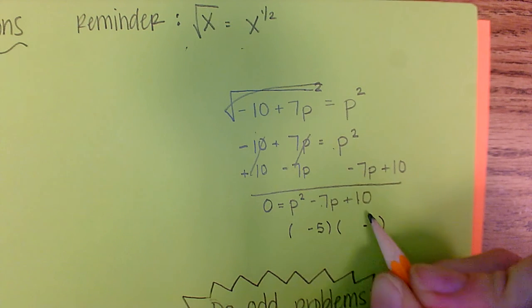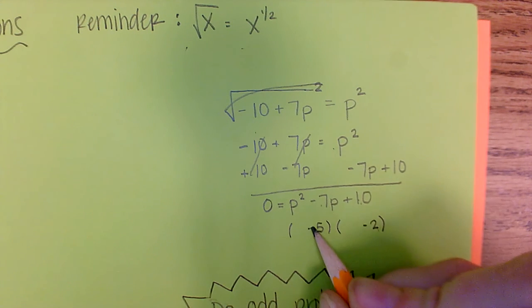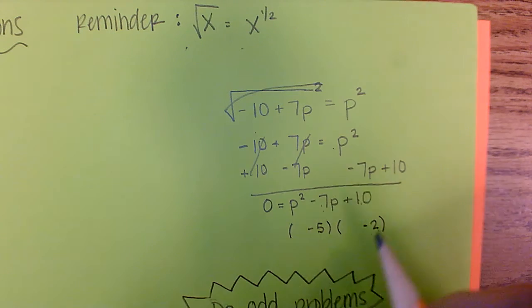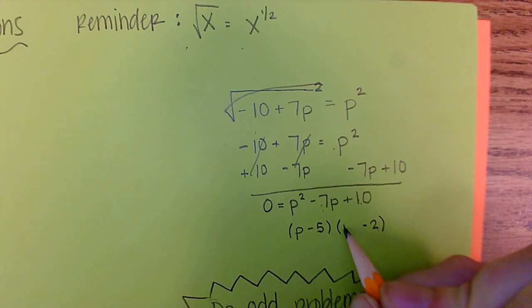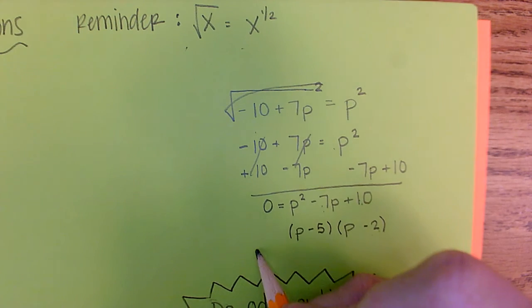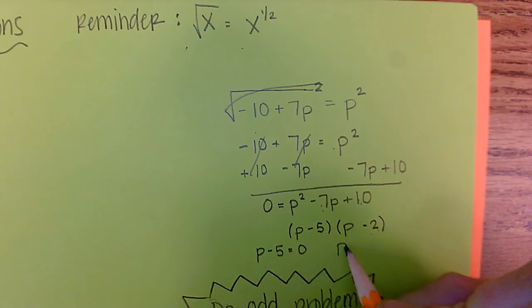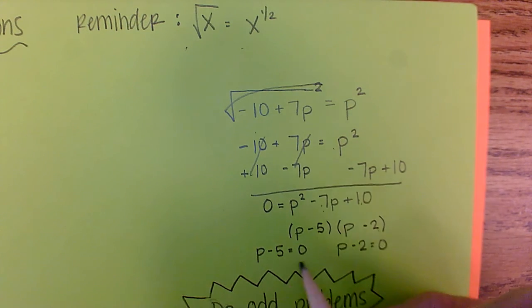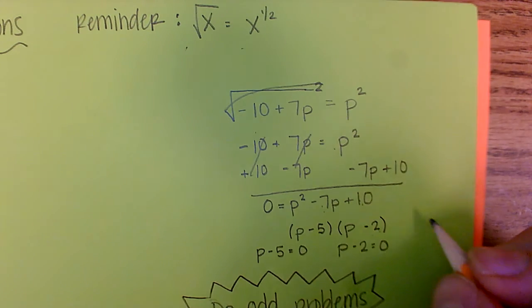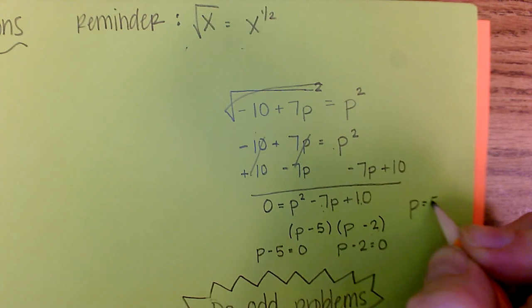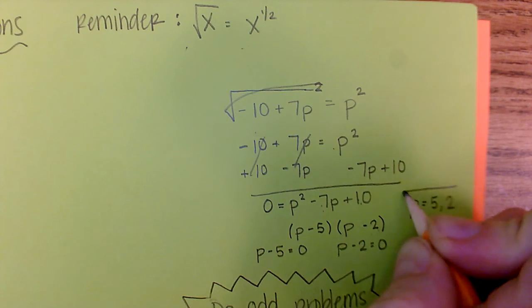Negative 5 times negative 2 is positive 10. Negative 5 plus negative 2 is negative 7. And then you're going to set each of them equal to 0. And when you solve over to the other side, you get p equals 5 and 2.